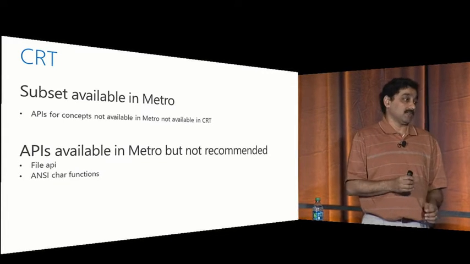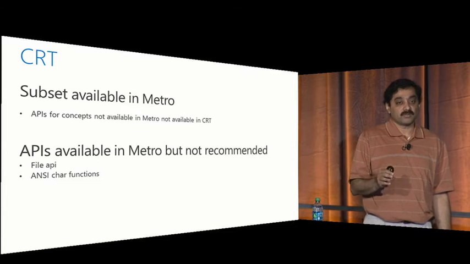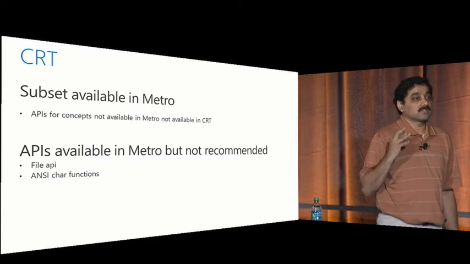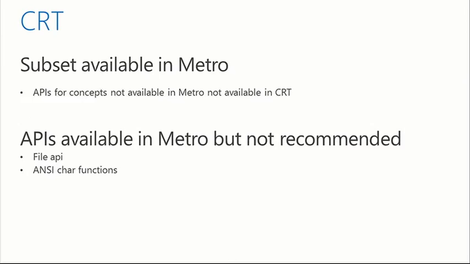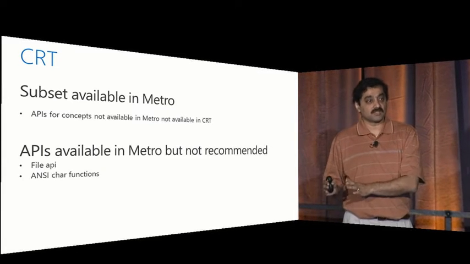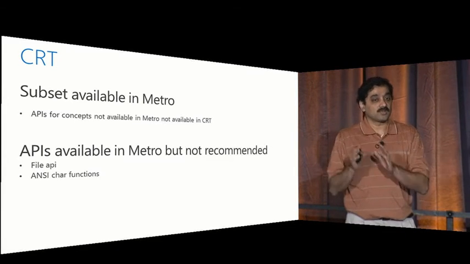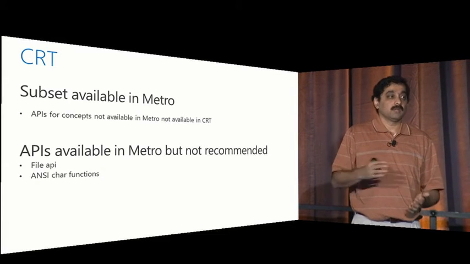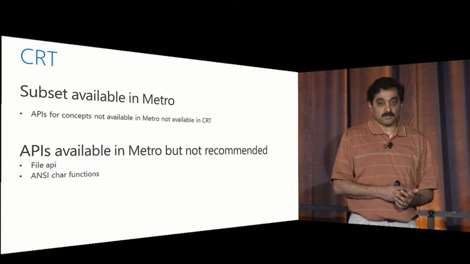There are certain APIs available in Metro that we don't recommend you use. A typical one is the file API. There are open, read, write, all of these file APIs, but they are blocking because the spec says read is blocking, write is blocking. Since the guideline for Metro applications is to not have blocking operations, we don't recommend that you use these. Move to the file APIs that are there in Metro.